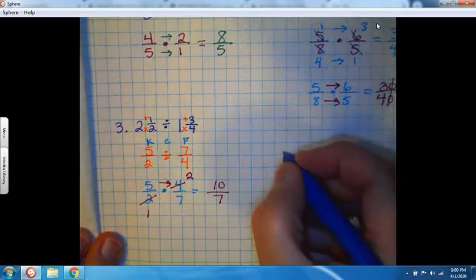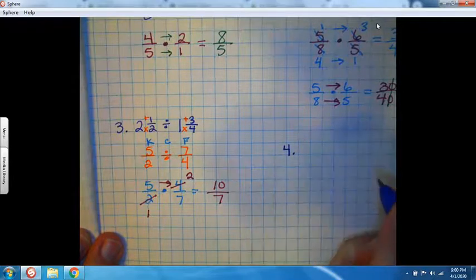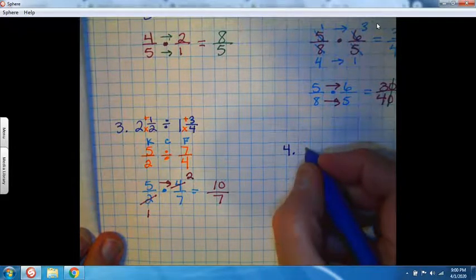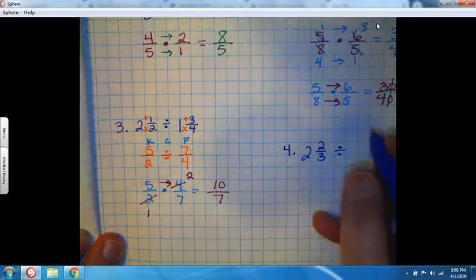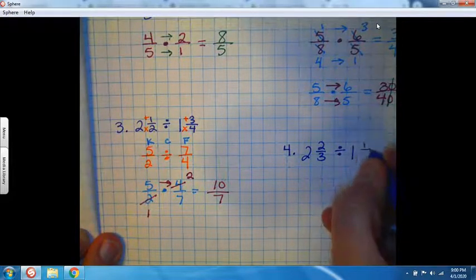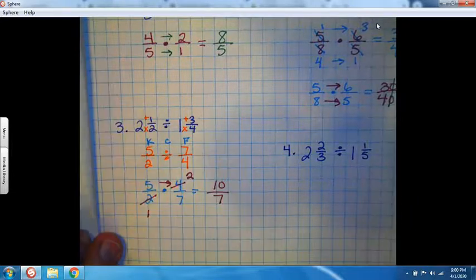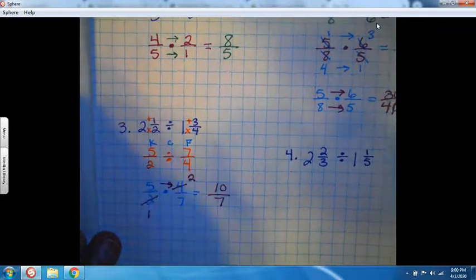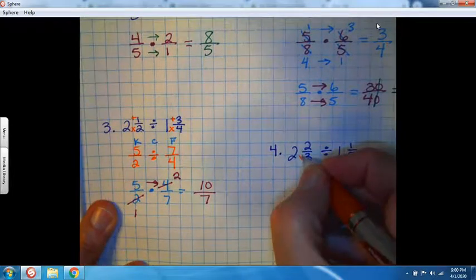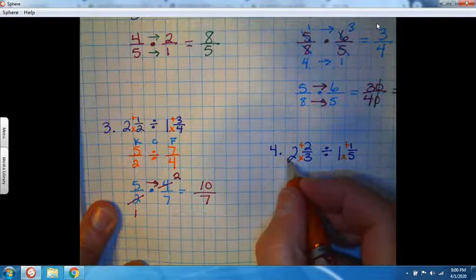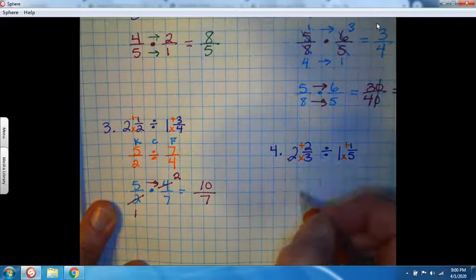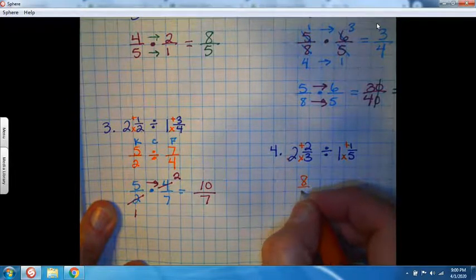Okay? Number 4. Same thing. 2 and 2/3 divided by 1 and 1/5. Okay? So we have to do times plus and times plus. 3 times 2 is 6, 7, 8. 8 over 3.